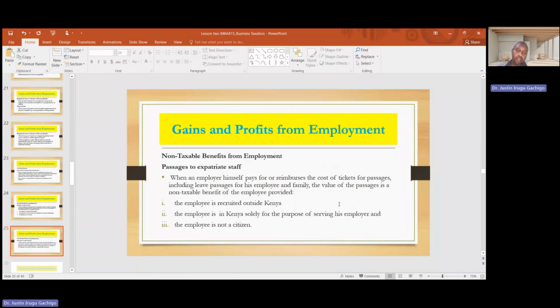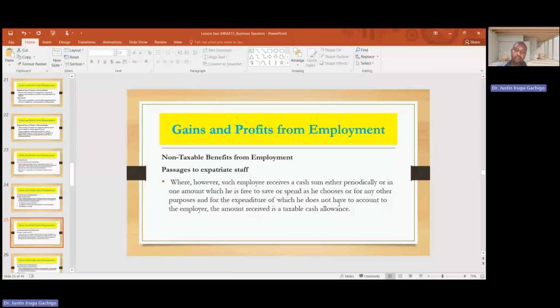Where, however, such an employee receives cash, either periodically or as one amount, which is free to save or spend as he chooses, or for any other purpose, and for the expenditure of which he does not have to account to the employer, the amount received is a taxable cash allowance.